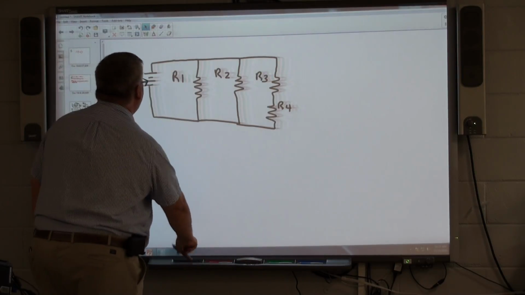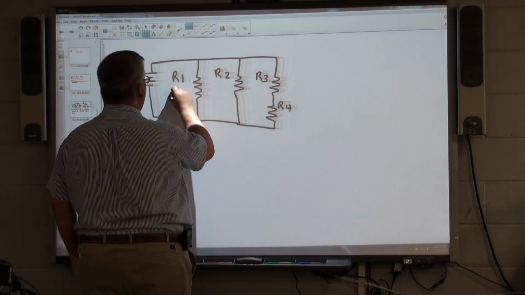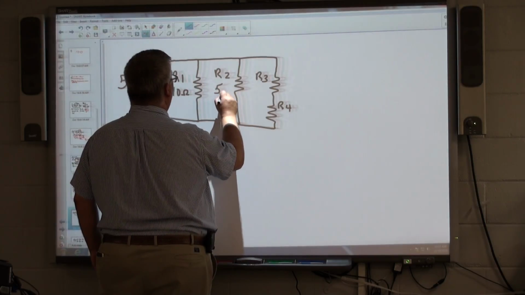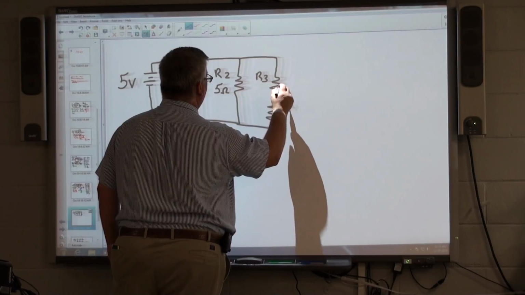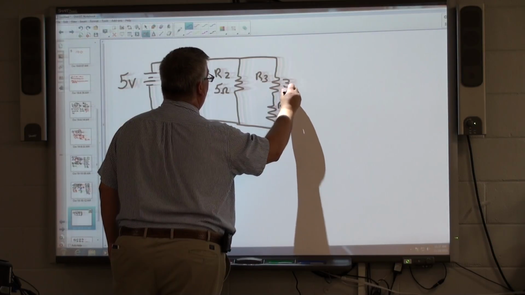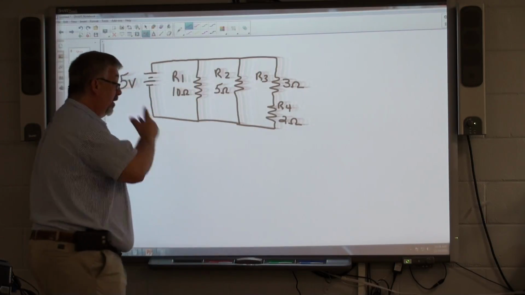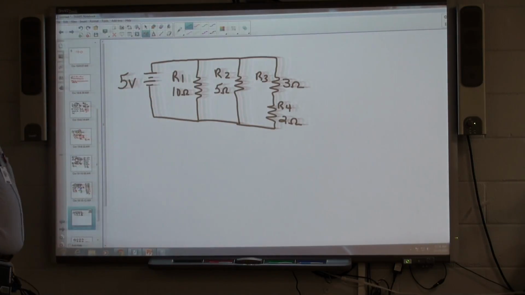All right, so this is 10 ohms. This is 5 ohms. And this is 3 ohms. And this is 2 ohms. What do you think we have to do to even be able to solve the circuit?